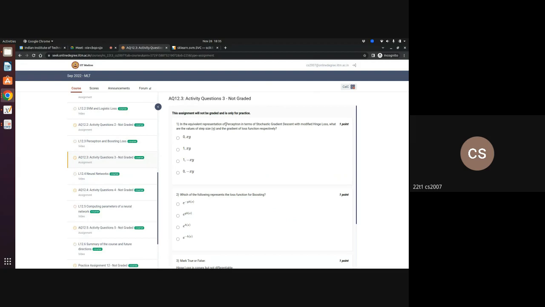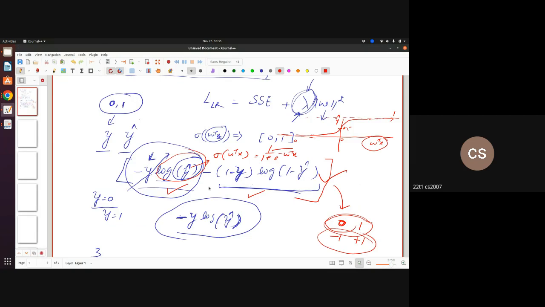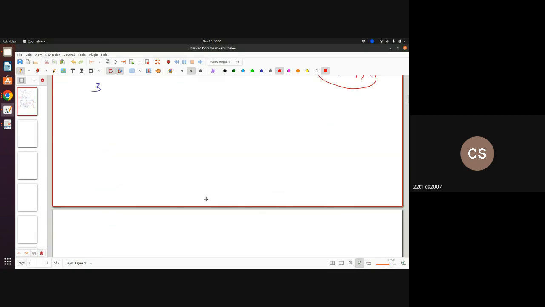Now, perceptron. If you studied its loss function, what is the update rule of the perceptron? Does anybody remember? When do we update the weight? There is an algorithm that we did.